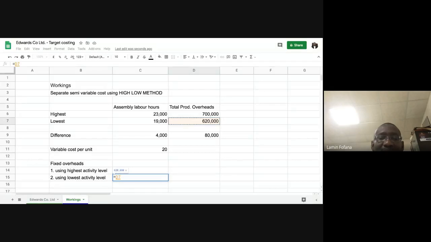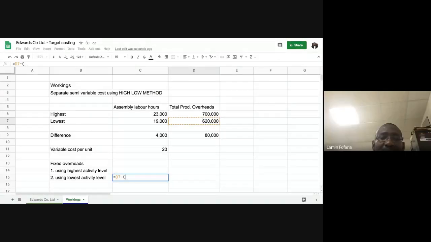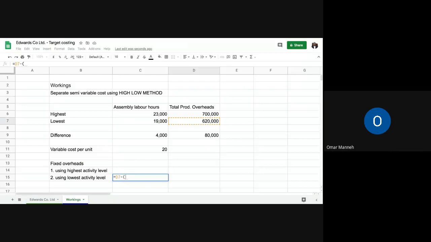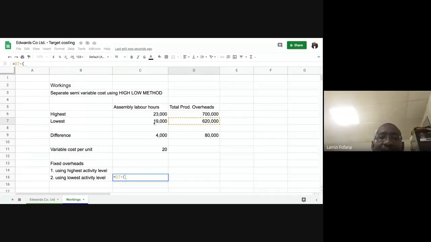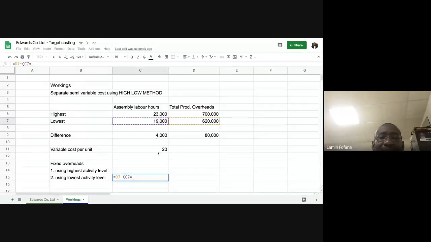Something should come before the bracket opens. 620. Minus. Minus, yes. Bracket open. Like the number of units. 19,000. Okay, that's C7. Times the 20. Multiply by. Thank you. That is it. We enter.